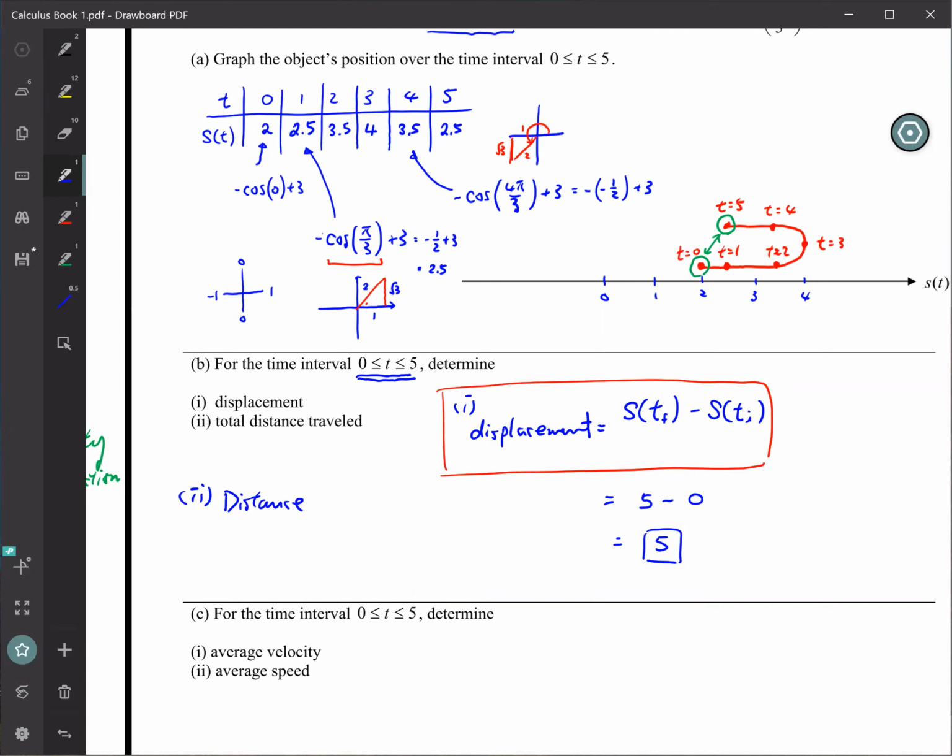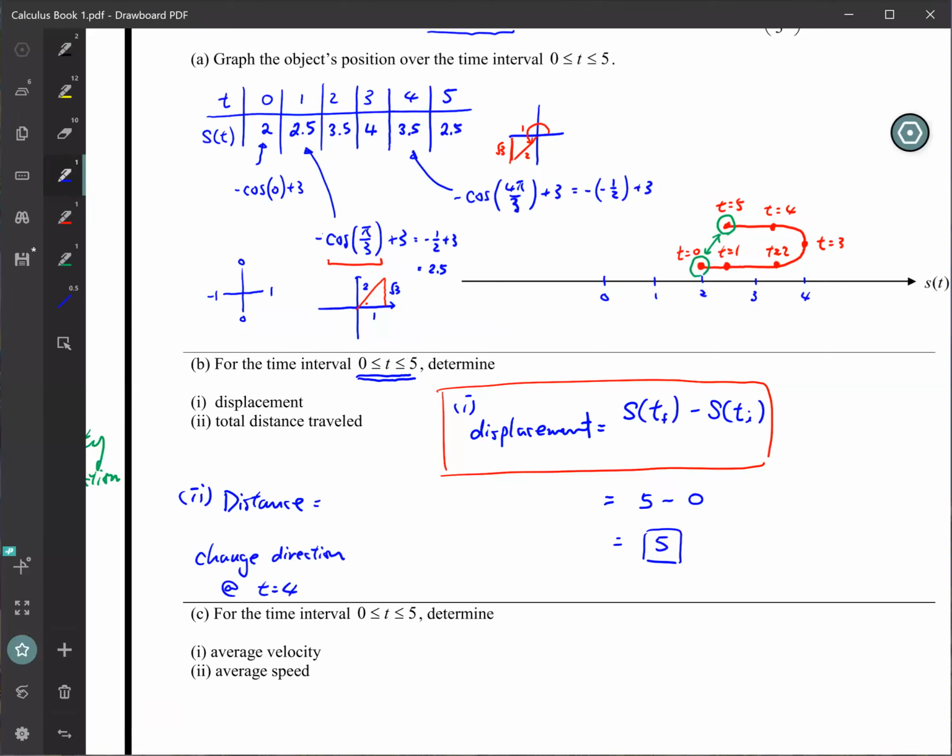So there are 2 pieces of distance that you need to cover, right? So one is, because it turns around, okay, let's write that down. Turns or change direction, okay? Change direction at t equal to 4.